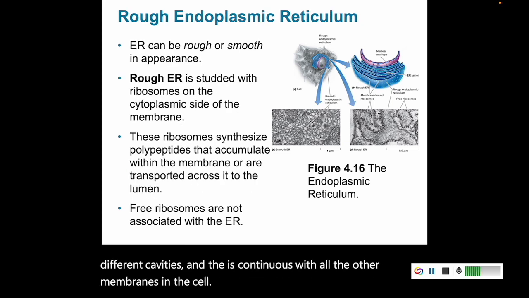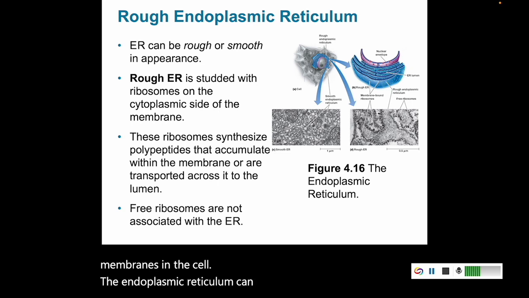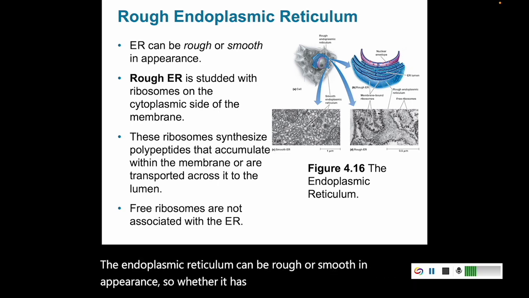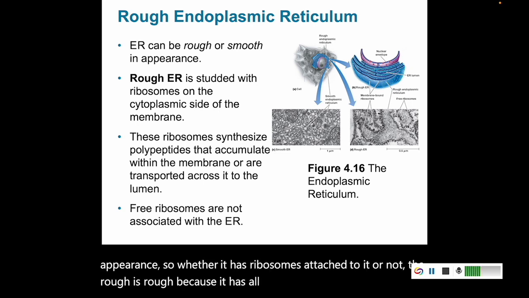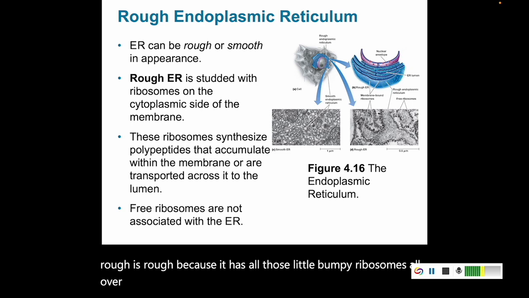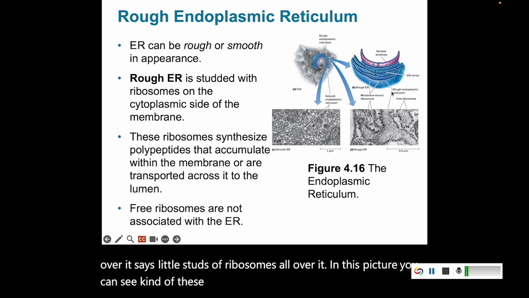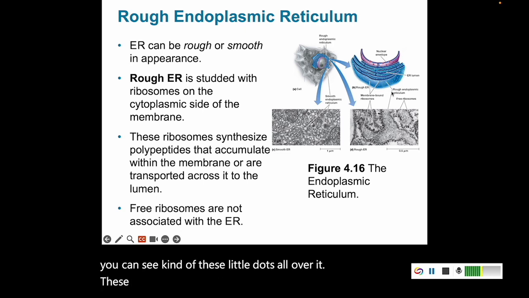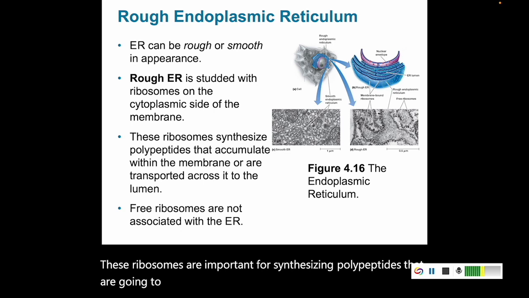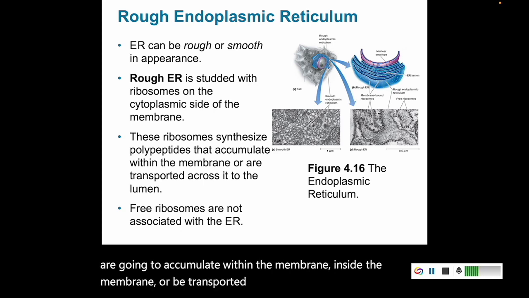The endoplasmic reticulum can be rough or smooth in appearance, depending on whether it has ribosomes attached to it or not. The rough ER is rough because it has all those little bumpy ribosomes all over it, these little studs. In this picture, you can see these little dots all over it. These ribosomes are important for synthesizing polypeptides that are going to accumulate within the membrane, inside the membrane, or be transported across the membrane.